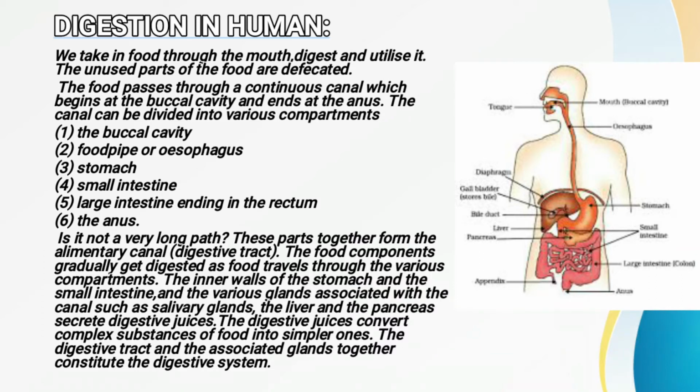Now once the food reaches our stomach, it is further digested here with the help of some digestive juices. Some part of the food is digested here in the stomach. Now the further digestion takes place where? The further digestion takes place in the small intestine, because the small intestine also secretes some juices.